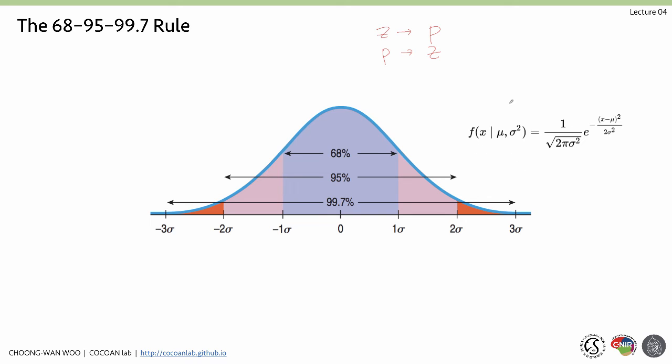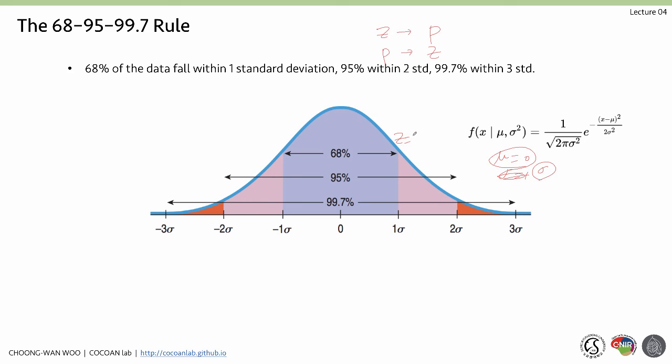It can be expressed like this equation, and here for Z-score, mu is 0 and sigma is 1, but here just let's say mu is 1 and sigma is sigma. Okay, and there is a 68, 95, 99.7 rule.